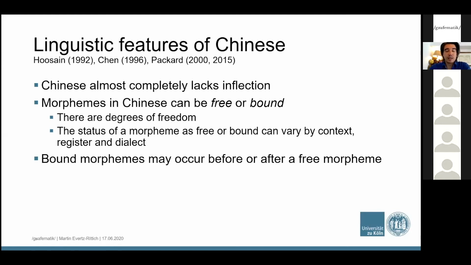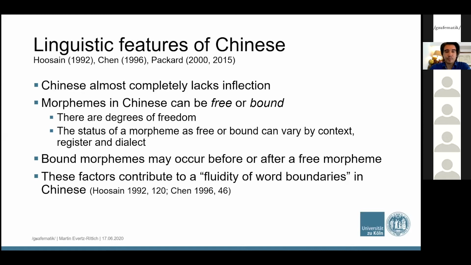So also, bound morphemes are more versatile than in English or German, because in Chinese, bound morphemes may occur before or after a free morpheme. And according to Chen and Hussein, these factors contribute to a fluidity of word boundaries in Chinese.